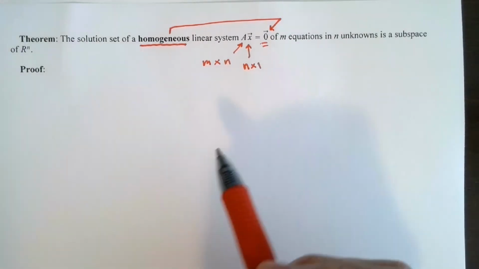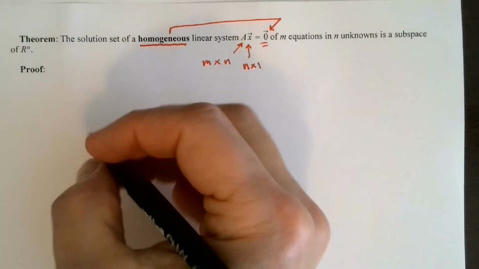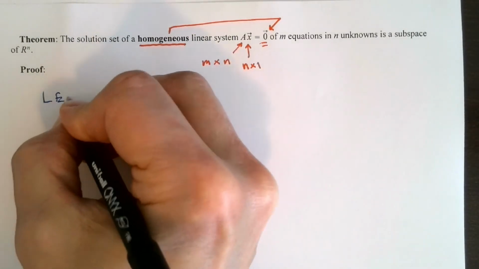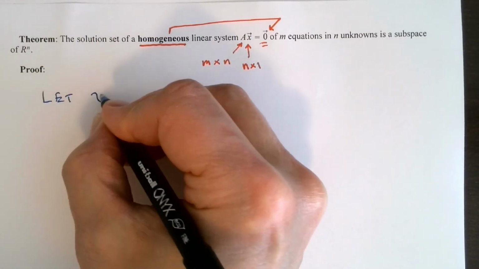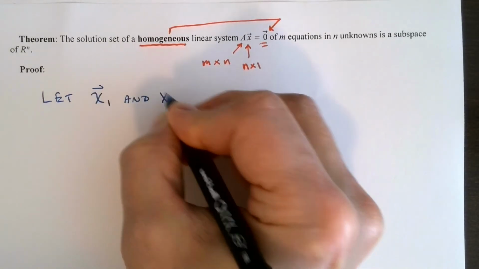So how do we prove that? What are the two things we have to prove for a subspace? You should know them by now. Number 1, closure under addition. Number 2, closure under scalar multiplication. So let's suppose we have two solutions. We'll call these x sub 1 and x sub 2.